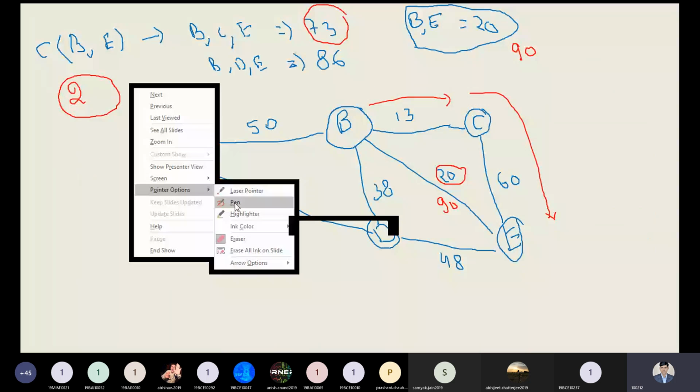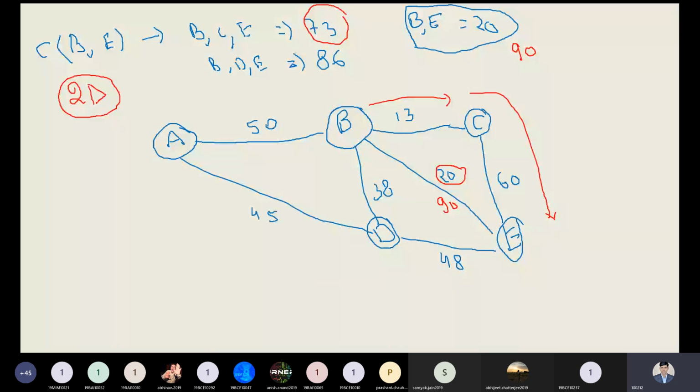Okay, it's two dimension. So that's why cost is written as a two-dimension array. Now it is clear, because it will keep multiple values.